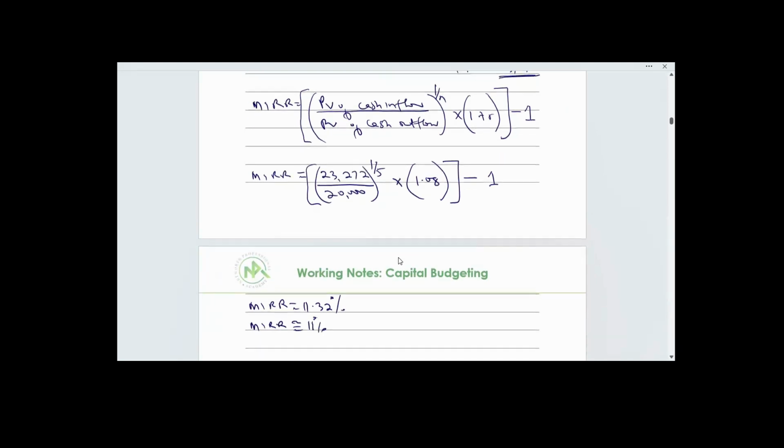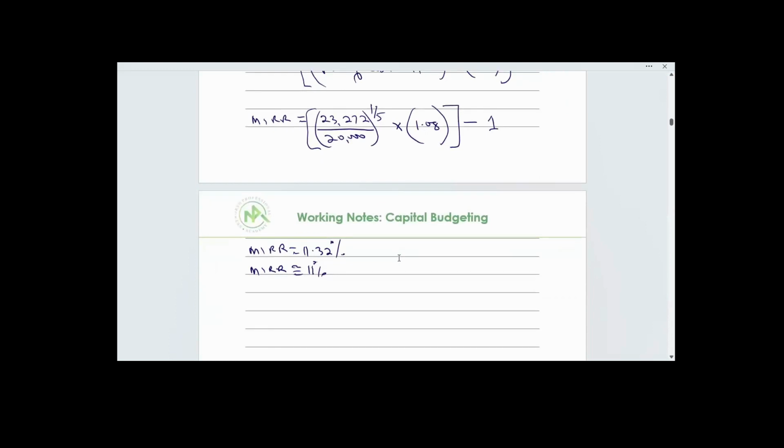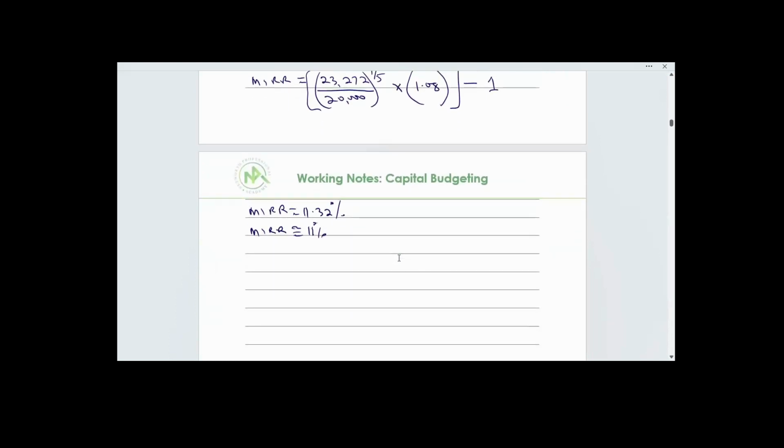Now, before you ask your question, there's a decision rule for modified internal rate of return. There is a decision rule. The decision rule for modified internal rate of return is the same as the decision rule under internal rate of return. That is, for independent projects, you accept if modified internal rate of return is greater than the company cost of capital.